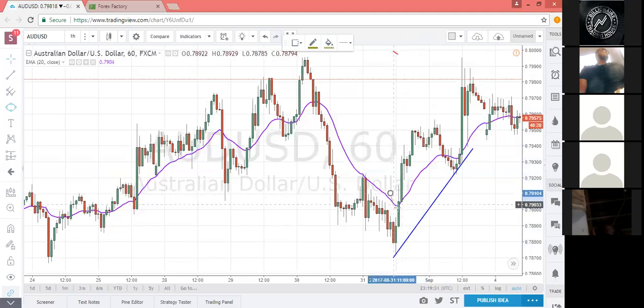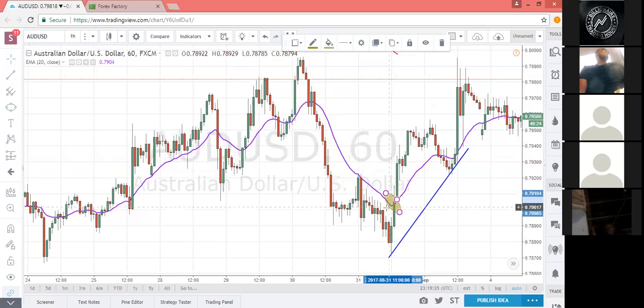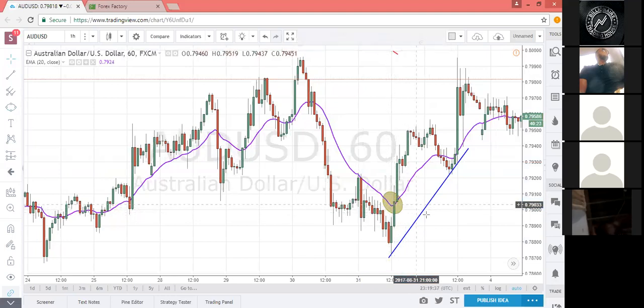So you see, right around here, where I draw this ellipse here, after it broke your moving average to the top, it basically had some strong bearish movement lower. It stayed pretty much under and found an area of resistance, so found some resistance under your moving average.